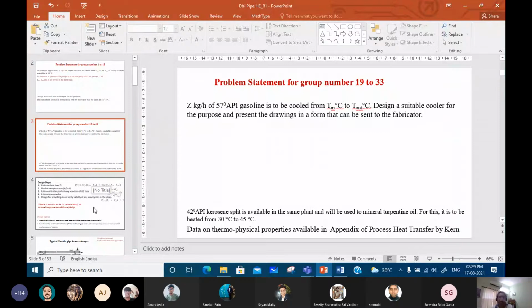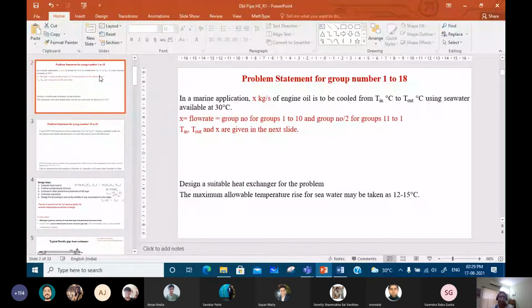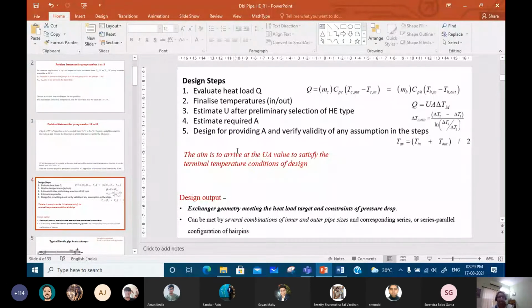You are just asked to design a suitable cooler or a suitable heat exchanger possibly. But what we were anticipating is that possibly a double pipe exchanger may serve my purpose. So I'll give you the outlines of a double pipe exchanger, but when you are presenting the design, you have to justify why you have selected the double pipe exchanger for the particular problem at hand.